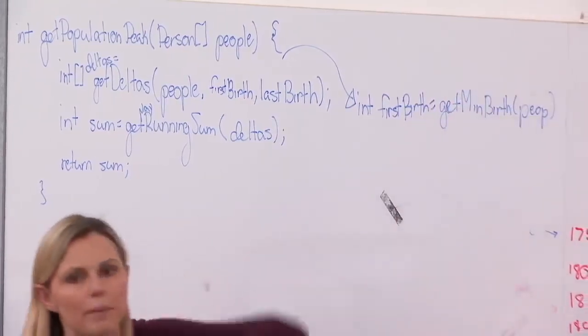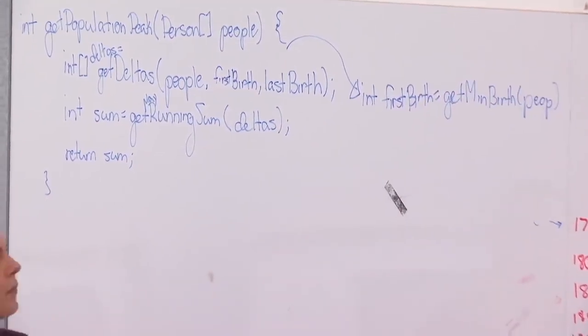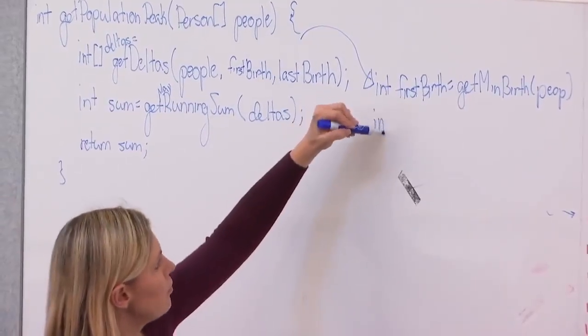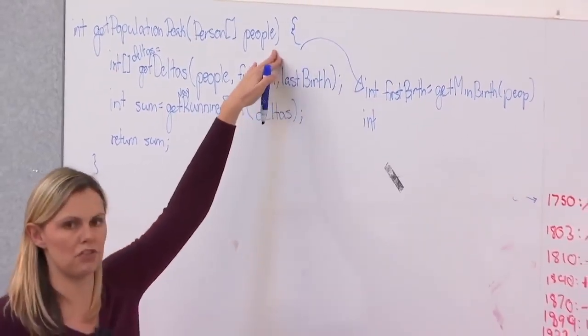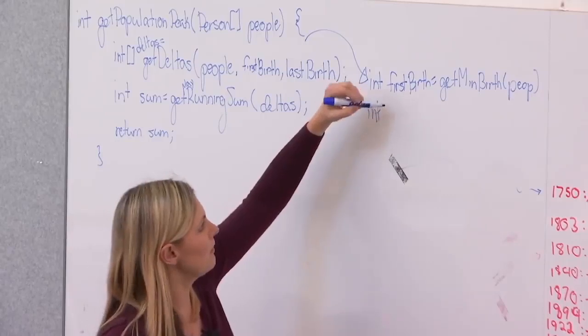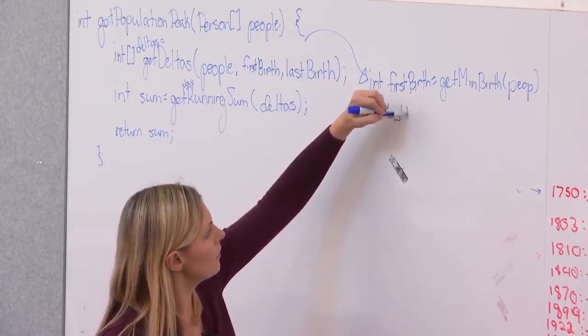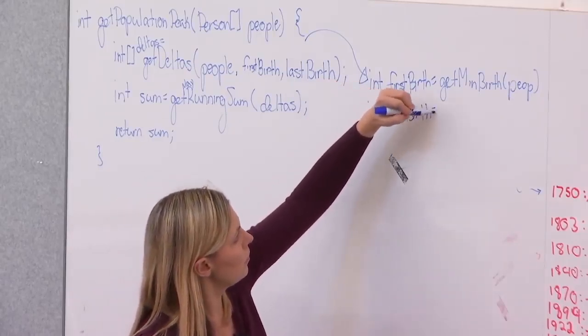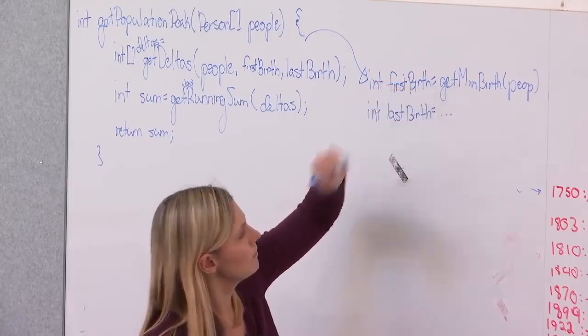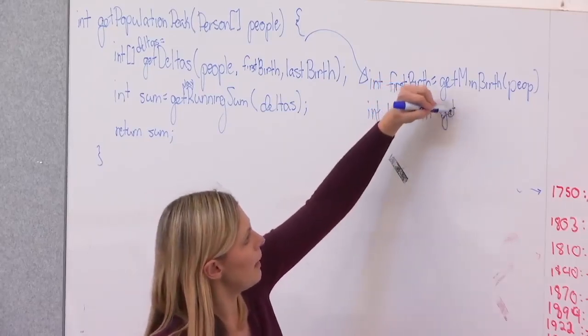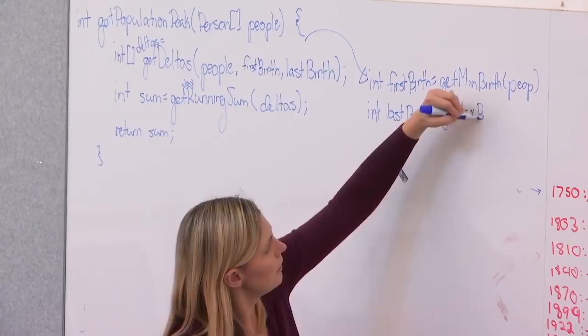I'm going to abbreviate that a little bit. It's OK, I've already written out people before, so I've demonstrated to my interviewer that I'm going to use descriptive variable names. So I'm going to abbreviate that, and last birth equals get max birth of people.